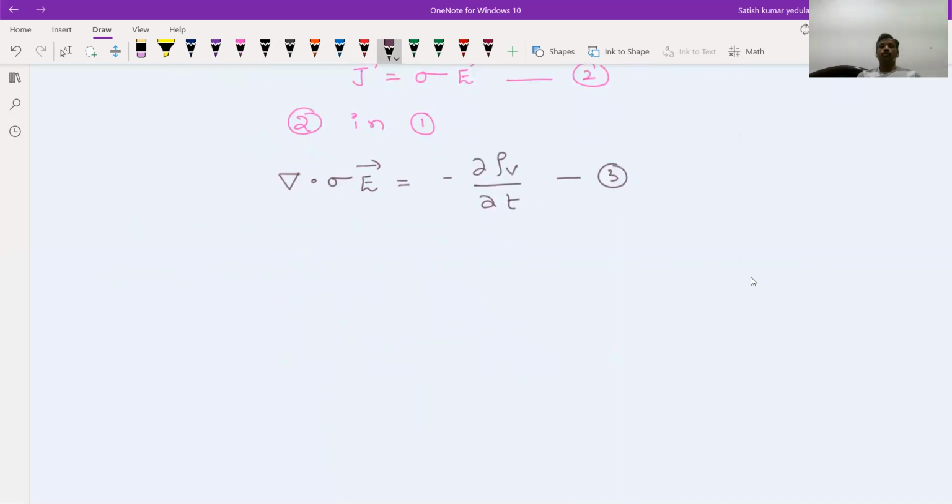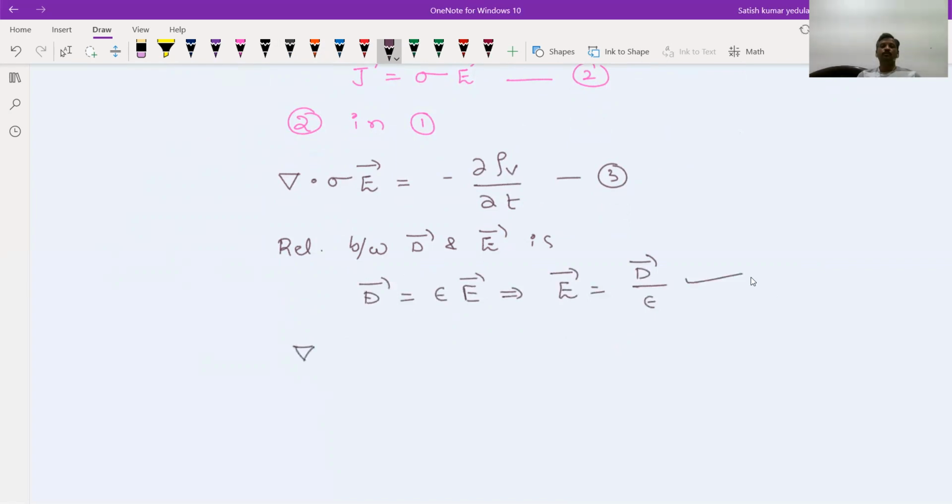Once again, we know the relation between D vector and E vector is D equal to εE, and from this E equal to D by ε. Substitute this in the above equation: del dot of σ into D by ε is equal to minus ∂ρv/∂t.